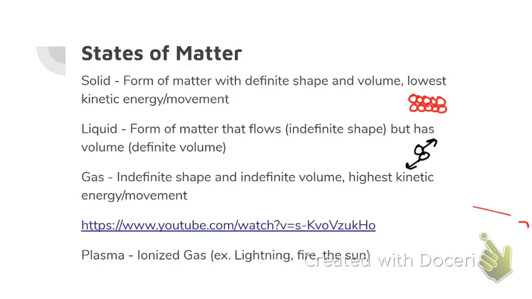They're moving, but they're still kind of connected. And then gas is the highest kinetic energy. They're moving around as well. So these are the 3 states of matter. Gas has an indefinite shape and indefinite volume. Liquid has an indefinite shape, but has a volume. You can measure the volume.